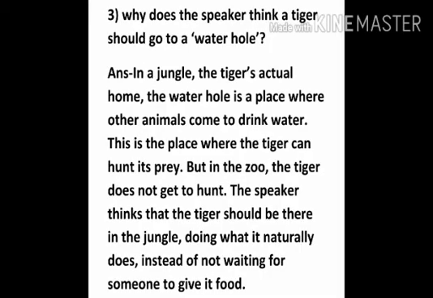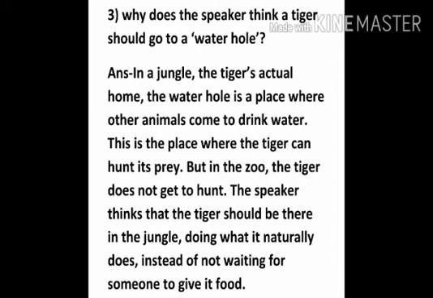Question number 3. Why does the speaker think a tiger should go to a water hole? Answer. In a jungle, the tiger's actual home, the water hole is a place where other animals come to drink water.